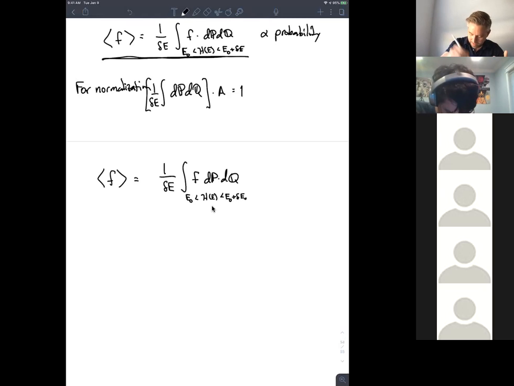But then we need to normalize this, and the way that we'll do that is just divide by the total number of available states. And that is omega. So omega times delta E, that is the total number of states, right? So we take this integral, we divide by the total number of states. That then is going to give us a probability, essentially. Okay, does that make sense?